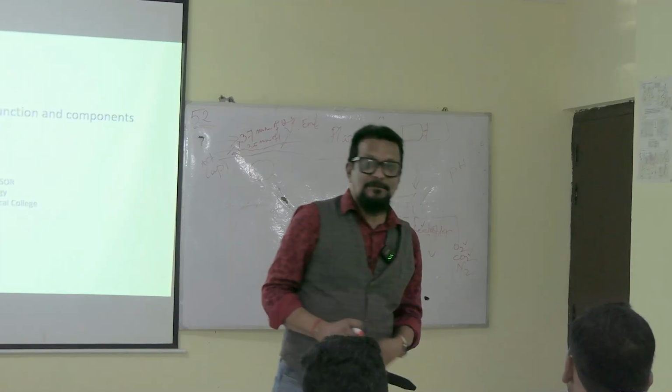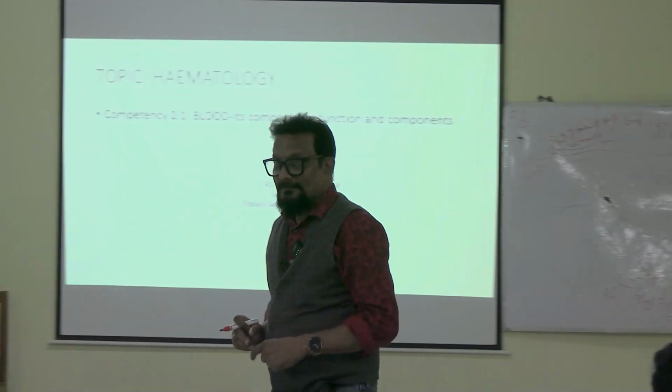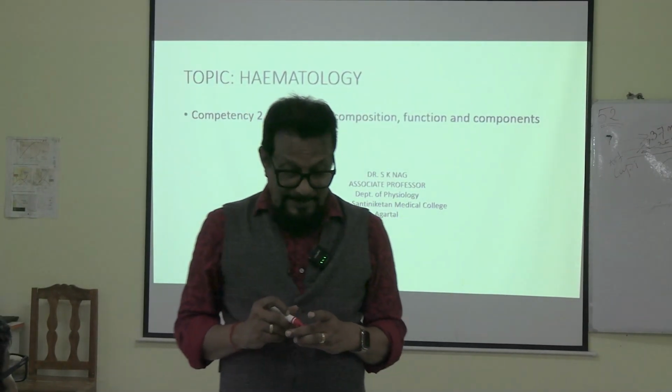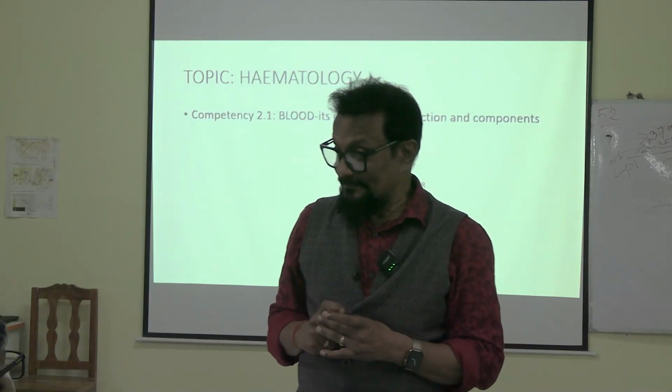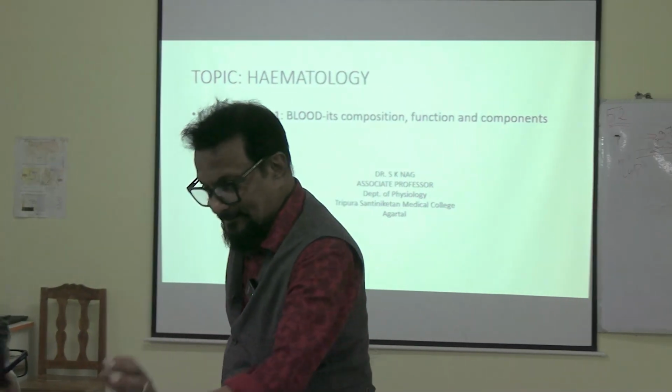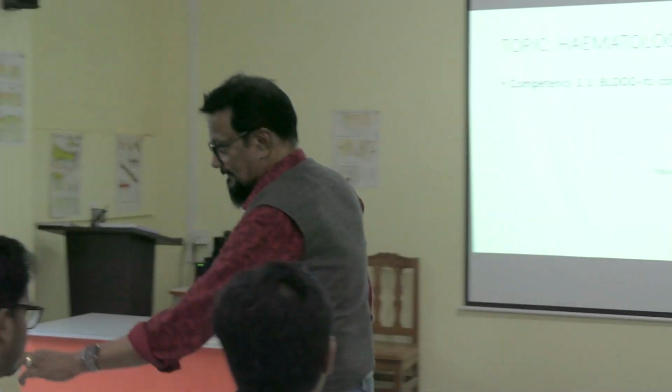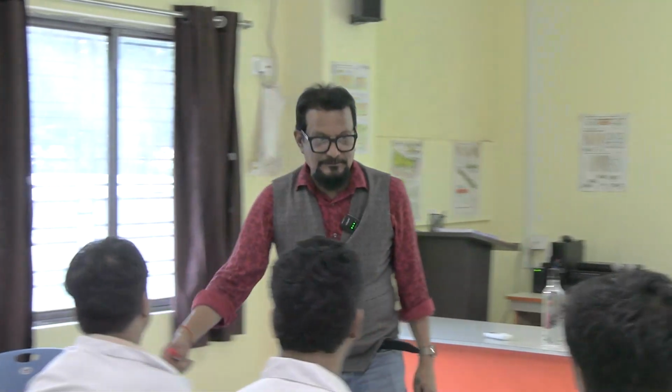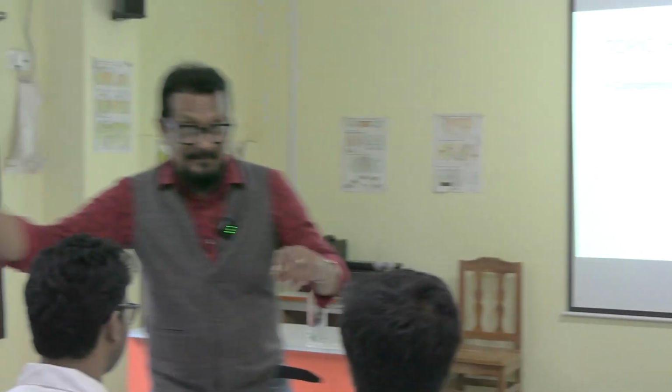These capillaries are having endothelial cells, a single layer of endothelial cells. One endothelial cell, another. So this is one layer and this is another layer outside. This is the lumen.